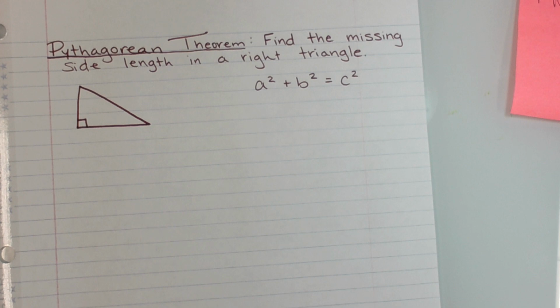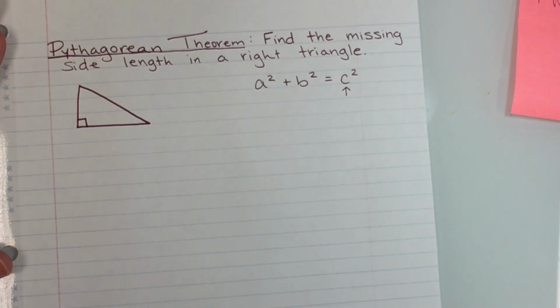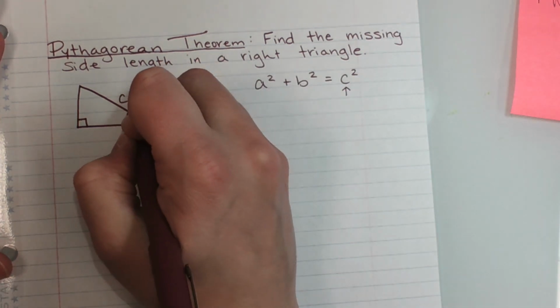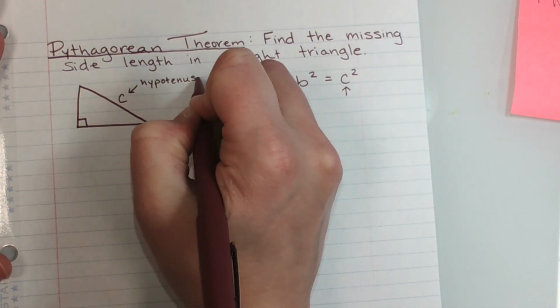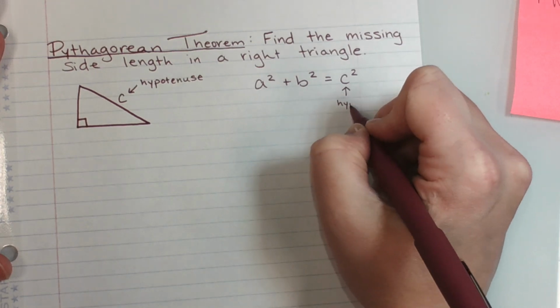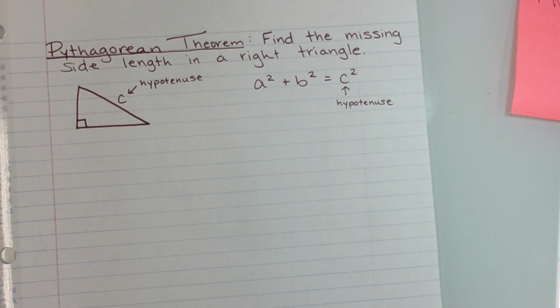Yes and no. Which one do we have to be picky about, A, B, or C? C. C has to go on which side? In this case, it's the slanted, but it's not always the slanted. It is always the, what did I hear? Hypotenuse, or the longest side. The hypotenuse is always going to be the side across from the right angle.